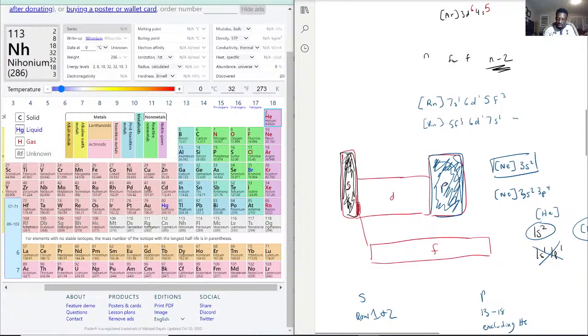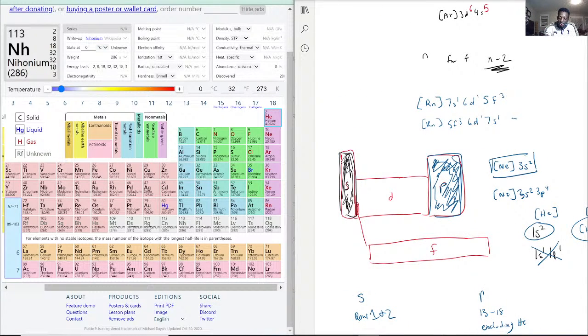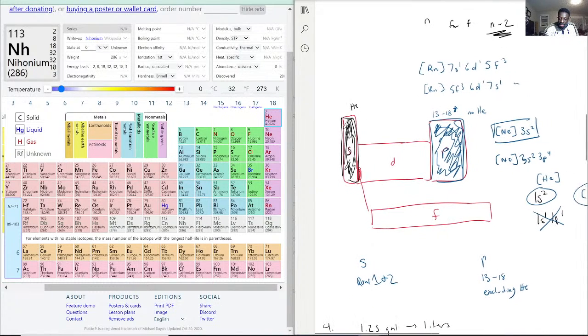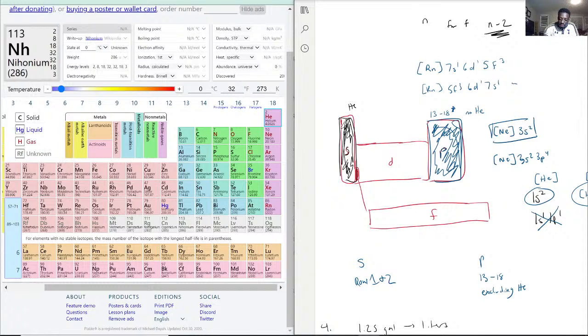So as I said, this is 13 through 18, and I put an asterisk here to say not included helium, because helium is over here. Now the D shells, D rows, they're these ones right here.